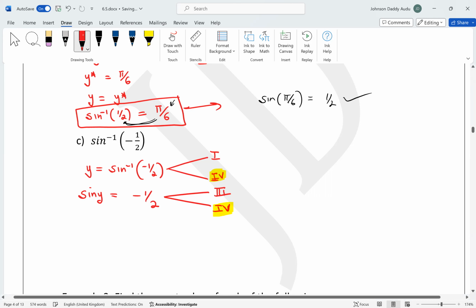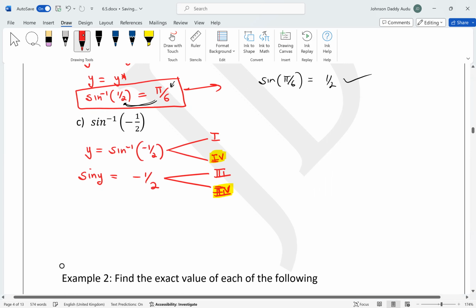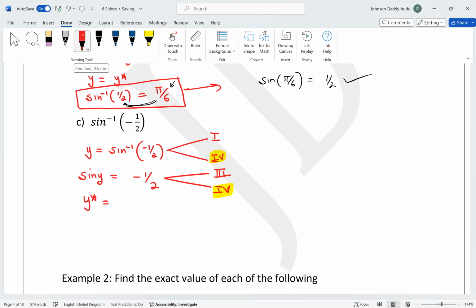Okay. Now, we know we're in the fourth quadrant, but what can we do? We first of all need to find what is y star. Now, how do you get this y star? Y star is an angle in the first quadrant whose sine is just 1 over 2. You don't need to bother about the negative. The negative has been taken care of.